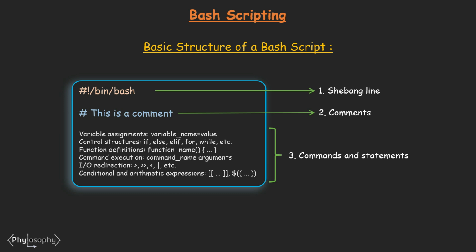Comments in bash scripts start with the hash character, and these are used to provide explanations, document the code, or add any necessary context. Finally, we have the main body of the script. This is where we write our instructions, commands, and logic that we want the script to execute. The main body can contain various bash commands, control structures like loops and conditional statements, variable assignments, and function definitions.